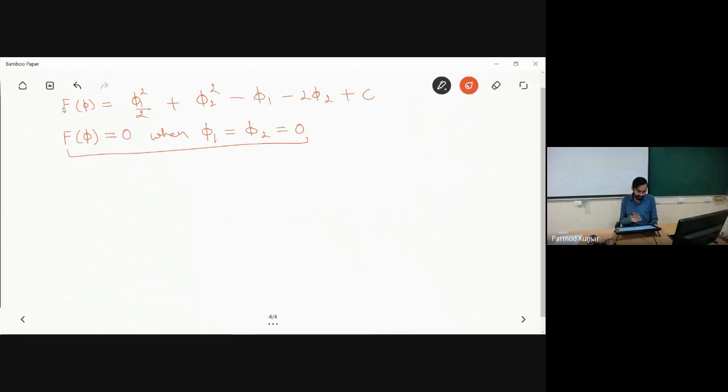This condition we will be initially employing because it will help us in finding the value of C. Finally, when we try to minimize the function, we will always be interested in the gradient of this function f of phi.